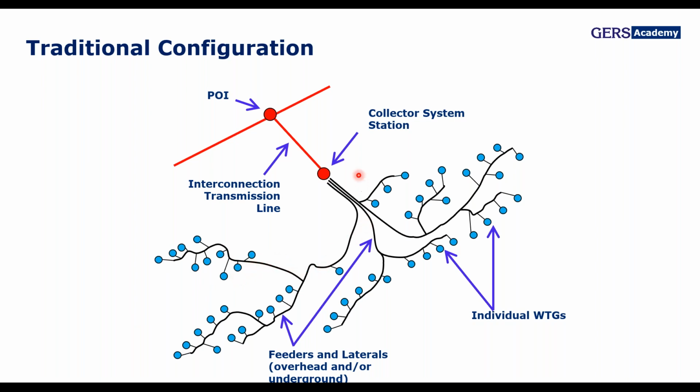That collector is connected to a collector system station where you can find a transformer that boosts the voltage to transmission levels. We are talking about 115 to 230 kV, and depending on the size, for offshore it's not crazy to talk about 500 kV.